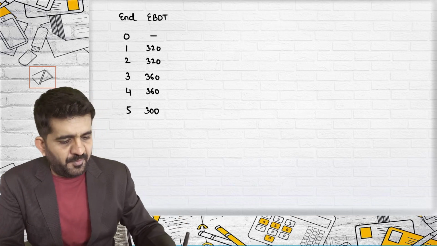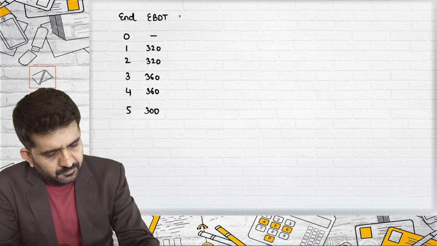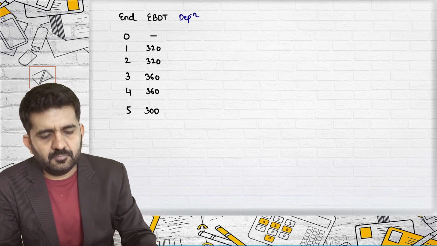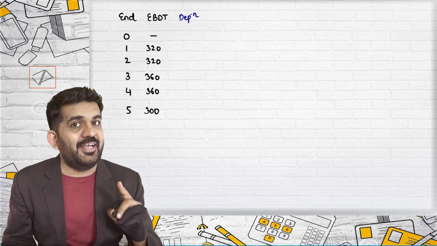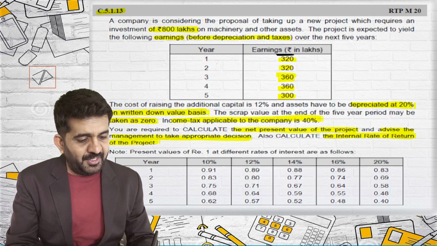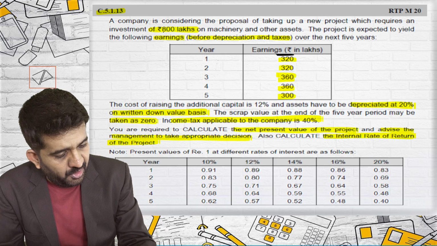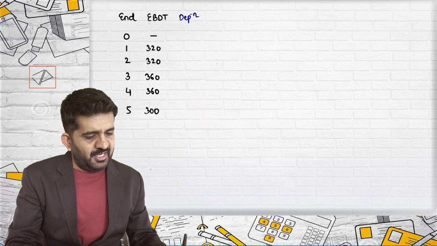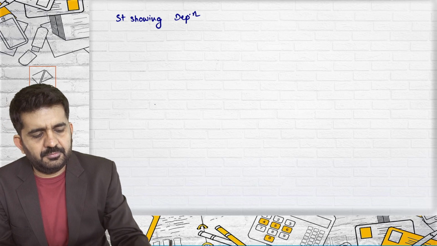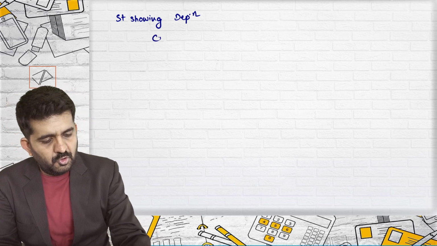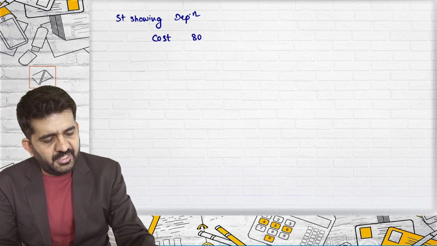After this, I'll have to find out depreciation. Depreciation is not by straight line method, so you will have to find it out for all 5 years. 800 lakhs is the cost of machinery. Statement showing depreciation. Cost is 800.